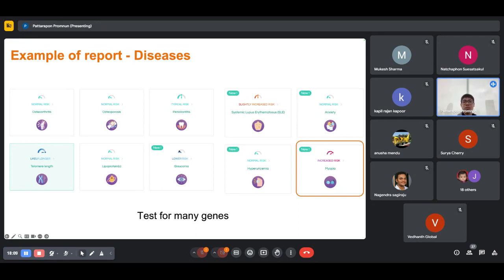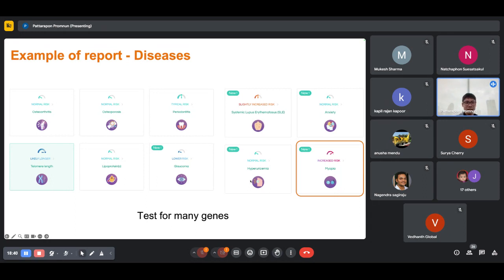To be more accurate for the disease, we have to test many more genes, more than 1,000 genes, or even 10,000, 100,000 SNPs, DNA bases for these diseases.